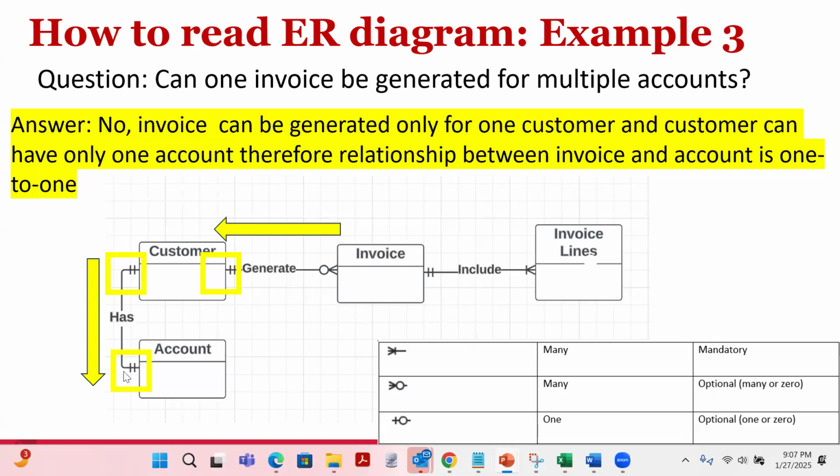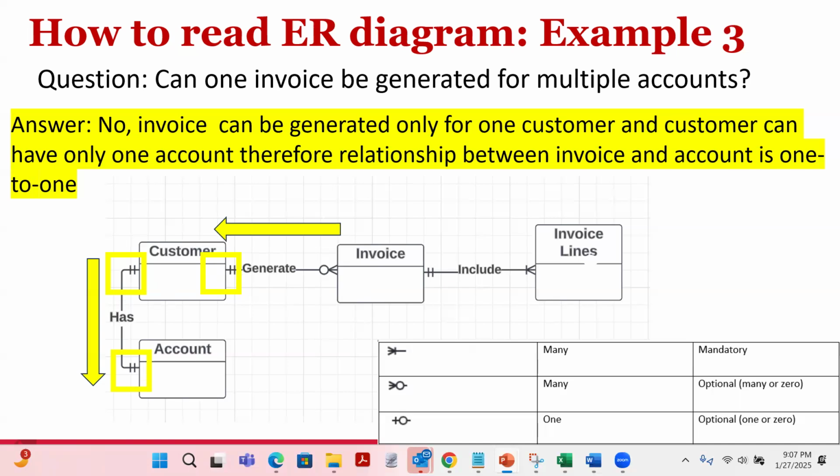Because it's one and mandatory here. So it's one and mandatory here, one and mandatory here, and one and mandatory here, which means that it's one customer per invoice and one account per customer. So now we combine those together, and it means that one invoice can only be generated for one account.